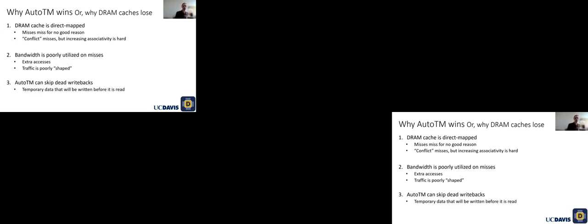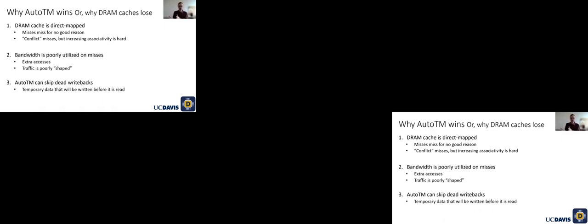And then the last one, which we were a bit surprised about, although maybe we shouldn't have been in retrospect, is that when we're managing this with software, we can take advantage of things about the workload that there's no way the hardware could know. For instance, when you're training one of these big deep learning workloads, say you generate some activations, then you do your backwards pass and compute the gradients, and then you no longer need those activations.